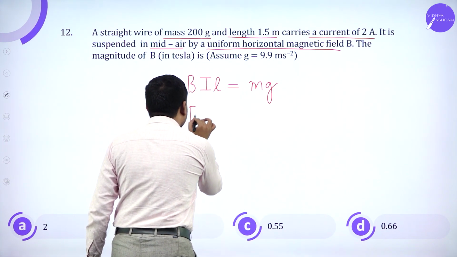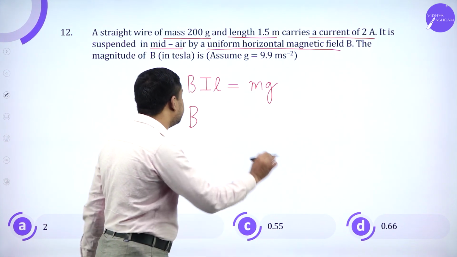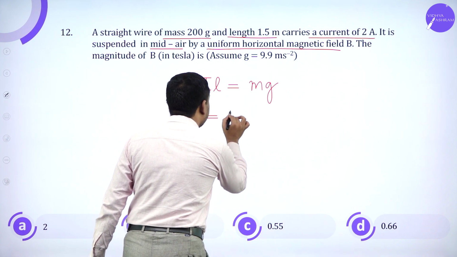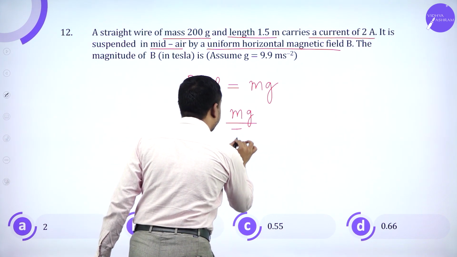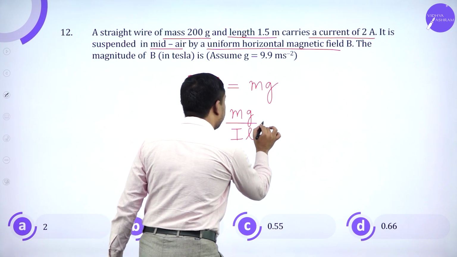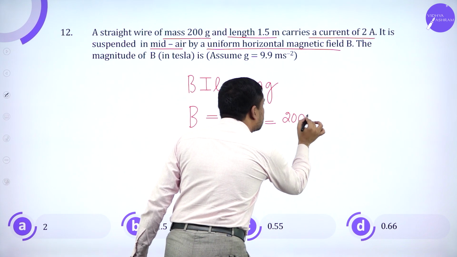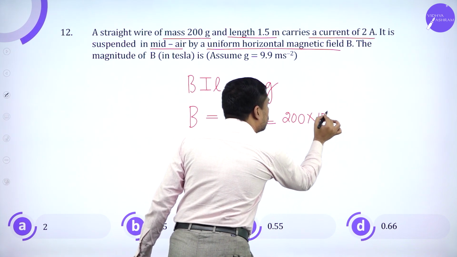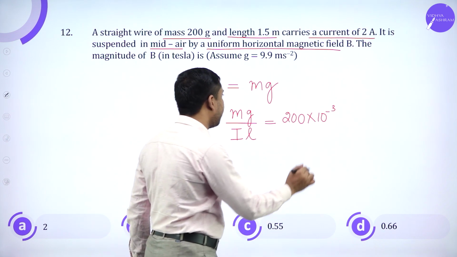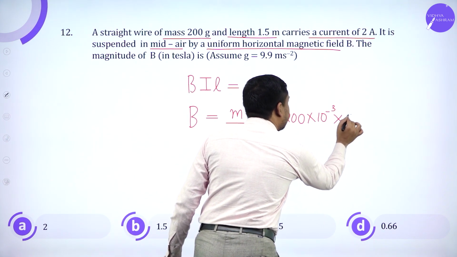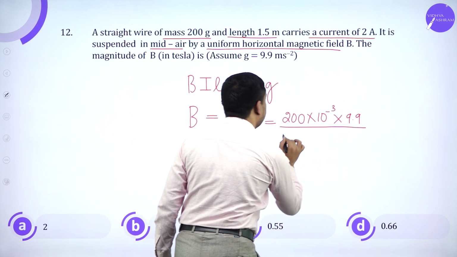He wants us to calculate the value of B, magnetic field, which is mg divided by IL. Mass is 200 grams, so 200 into 10 power minus 3 kg into g, according to the problem, is 9.9.